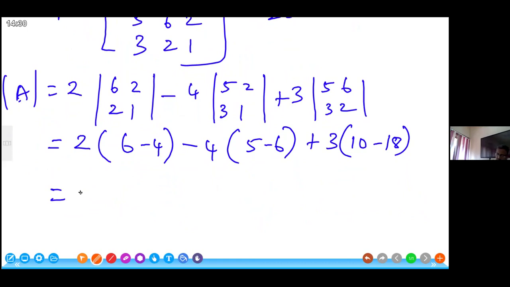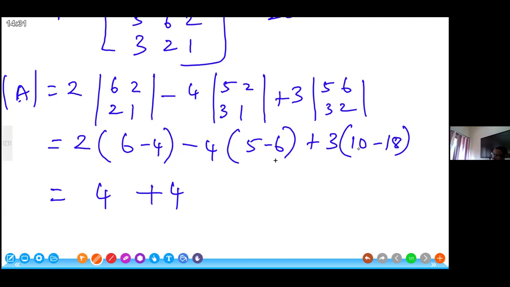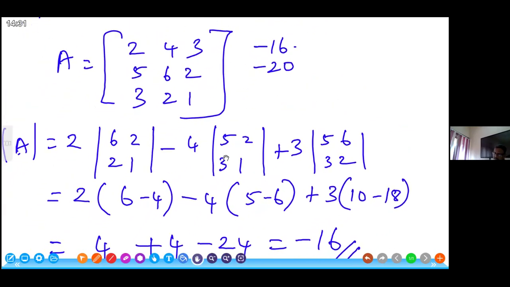That is 4, plus 4, plus 3 into minus 8, minus 24. So that is equal to minus 16. The answer is minus 16.